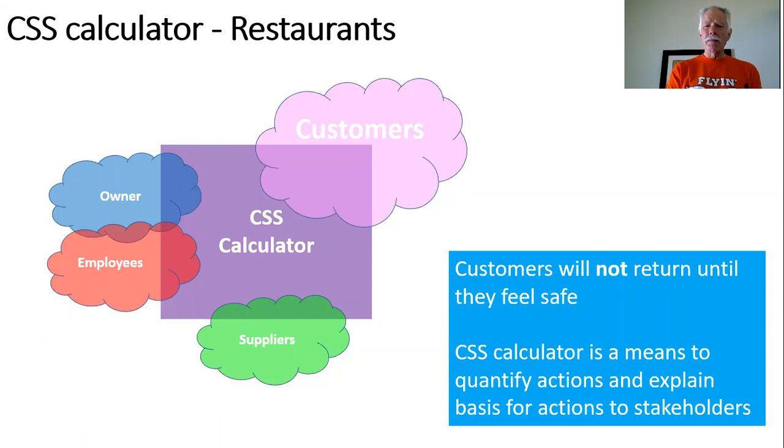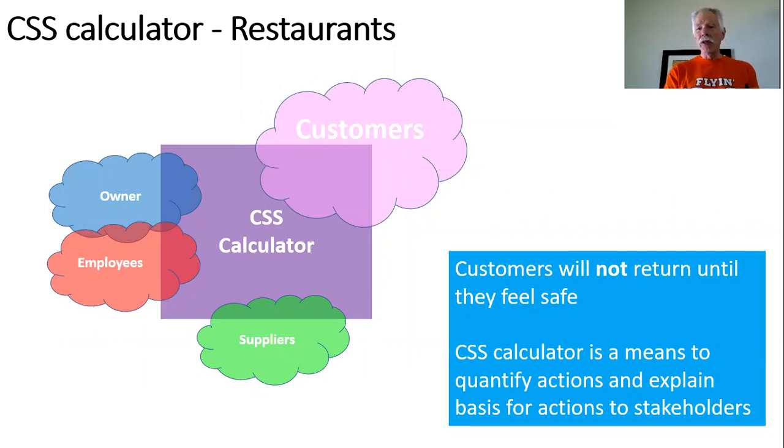If you're a restaurant, you may implement whatever guidelines, CDC guidelines, ASHRAE guidelines, but if you're just waving your hands and you're not able to tell people in a quantitative manner that I've done this, I'm doing that, and here's how this makes this space safe, you're not going to convince customers to come back.